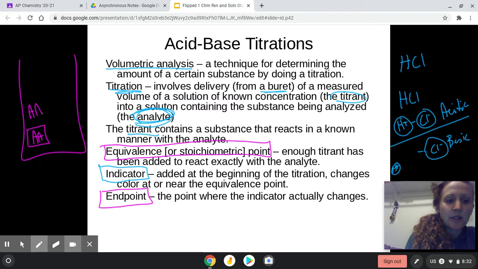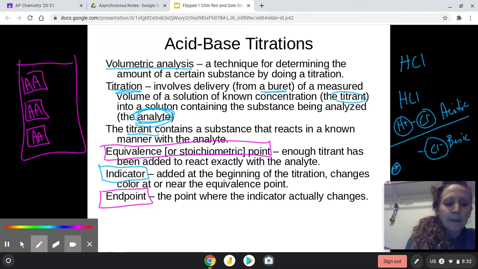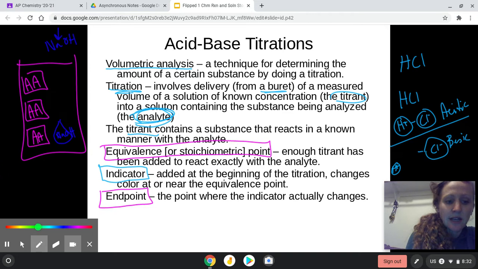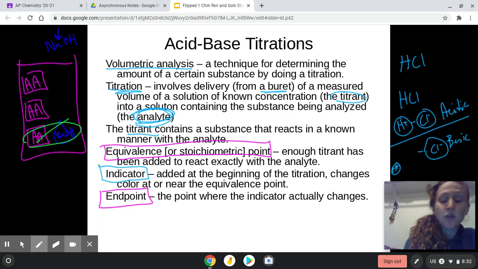So let's say we start with 3 moles of acetic acid in our beaker, and then we're dropping in NaOH. So as we drop in 1 drop of NaOH, it's going to match with our acetic acid, and they're going to neutralize with each other.